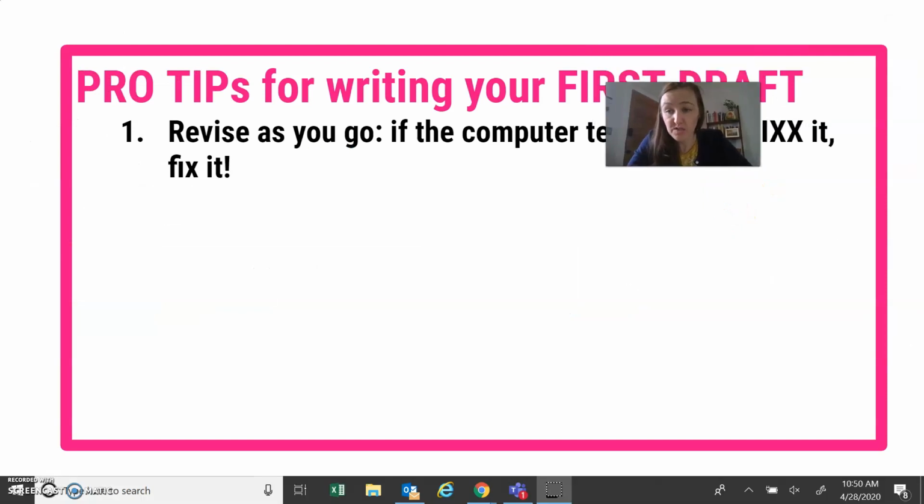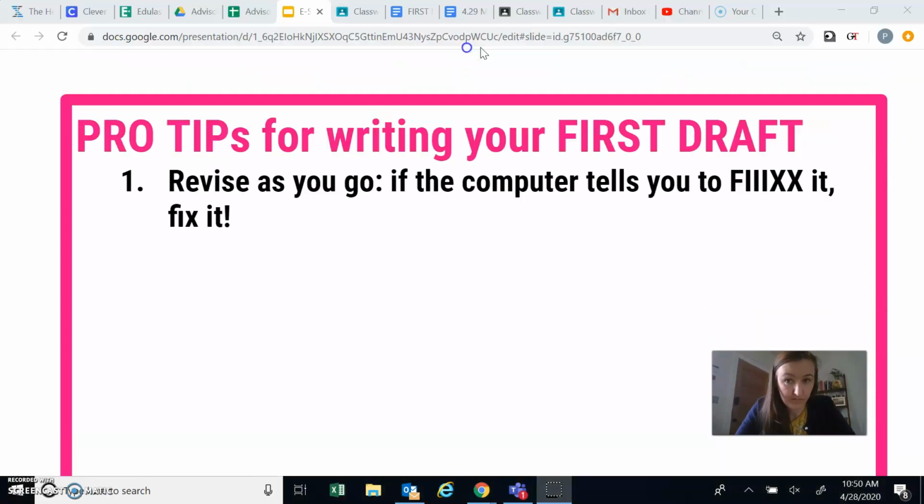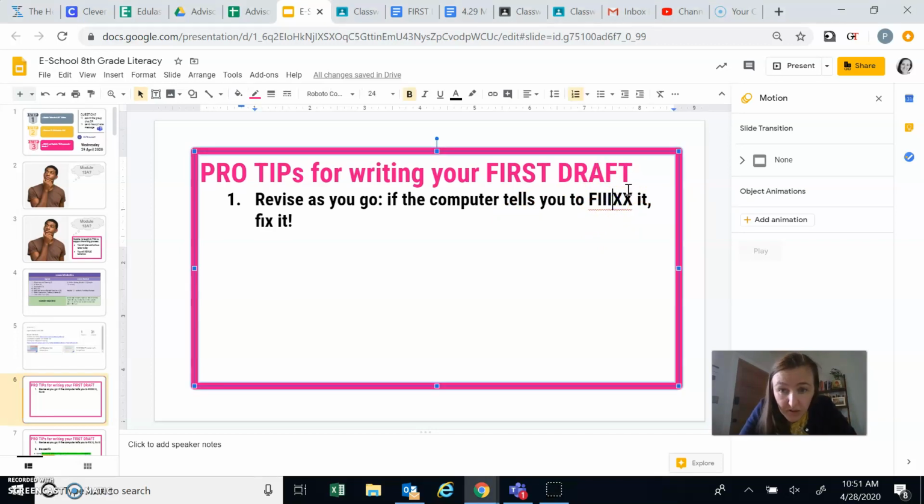All right, so I want to just close out with some tips for writing your first draft. First thing, revise your letter as you go. If the computer tells you to fix something as you're writing, just fix it. Look, it's telling me that I need to spell this word correctly.